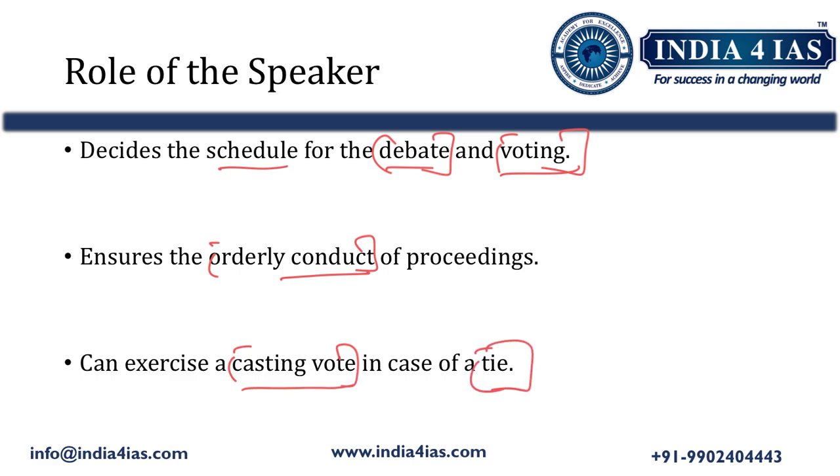If there are 50 votes in favor of the government and 50 votes against the government, then this is called a tie, and in such a case the speaker can cast his vote. He cannot vote in the first instance, he can vote only in case of ties. This is the brief role of the speaker during the trust voting process.